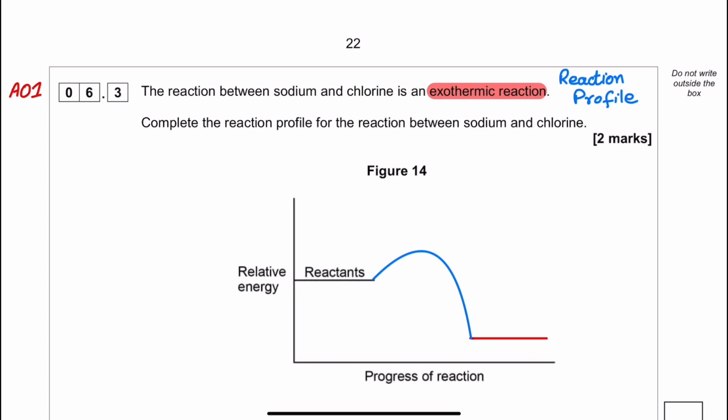It's a 2 mark question, so we need to mention the products here. The student needs to draw this graph to get 1 mark and mention where the products are. It is an exothermic reaction, therefore the products are formed at relatively low energy, to get full 2 marks.